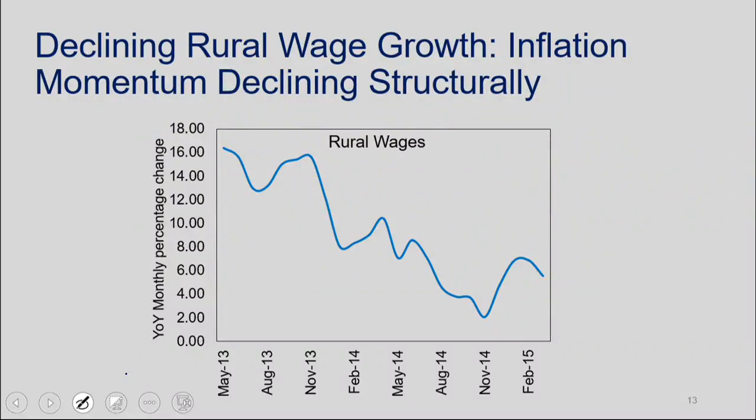For example, when we wrote the first survey, the big question was, is agricultural inflation coming down? Rural wages were coming down very sharply, which was very different from what happened from 2007 onwards. So we focused on this and said, maybe the agricultural component of inflation is coming down structurally, and therefore inflation is going to be low going forward.